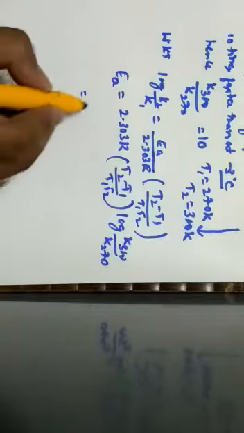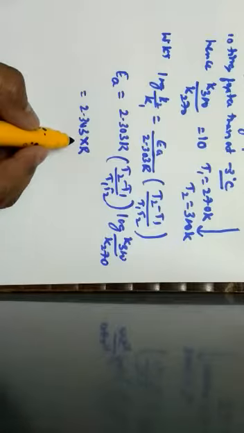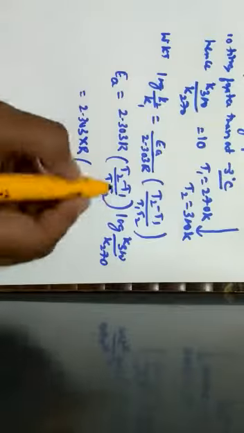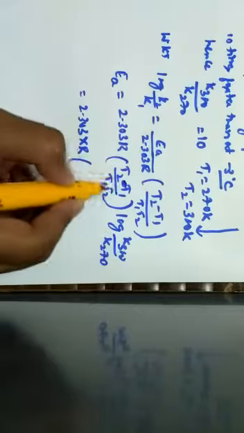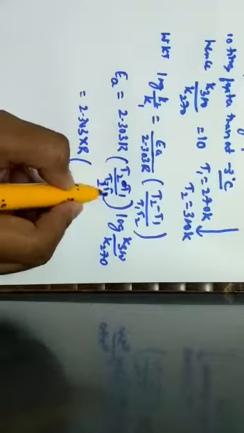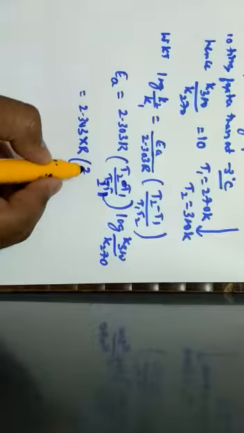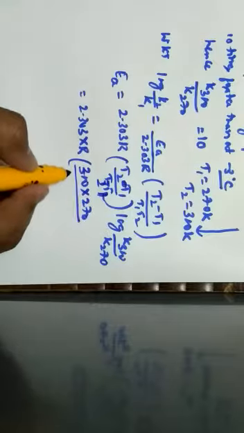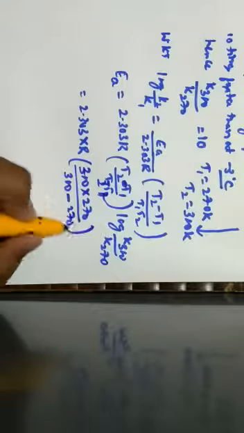So substitute everything. I'll keep it as 2.303 into R. I'll retain R because here the value has been mentioned in terms of R. So T2 is 300 into T1 is 270 divided by T2 minus T1, that is 300 minus 270, into log 10.